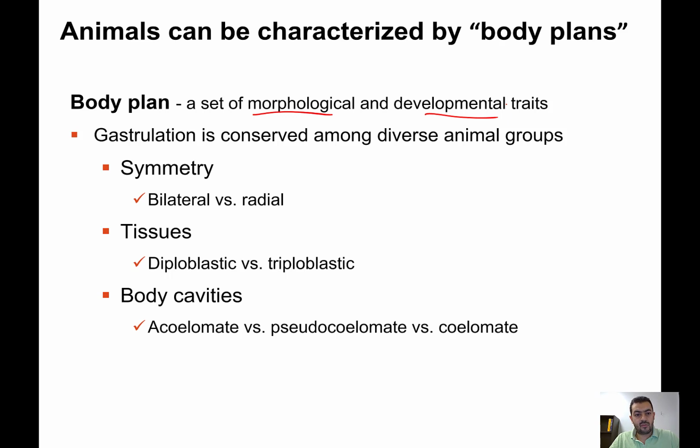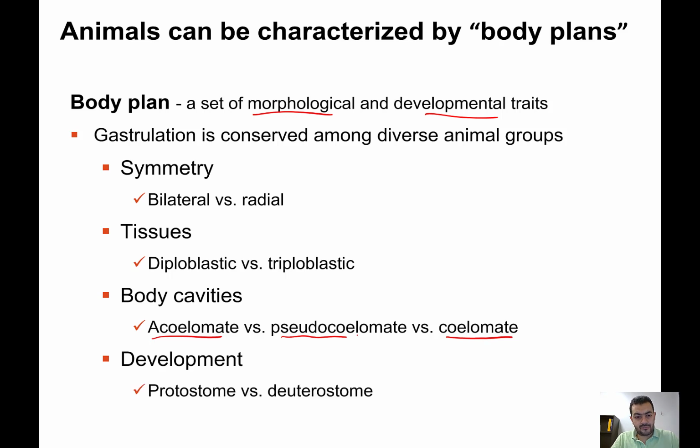This will allow us to classify animals into acoelomate, pseudocoelomate, and then the true coelomate. The body cavity is a coelom, and those having a true coelom we call coelomate. Those without a coelom will be called acoelomate. Then we have something in between, which we call pseudocoelomate.